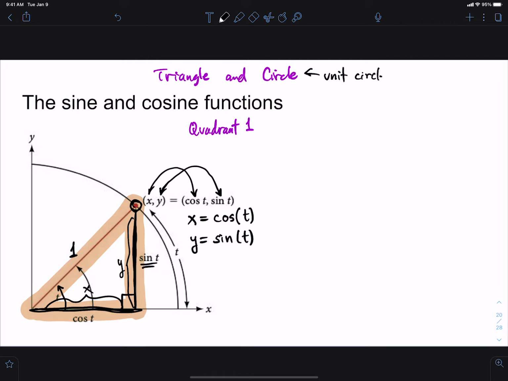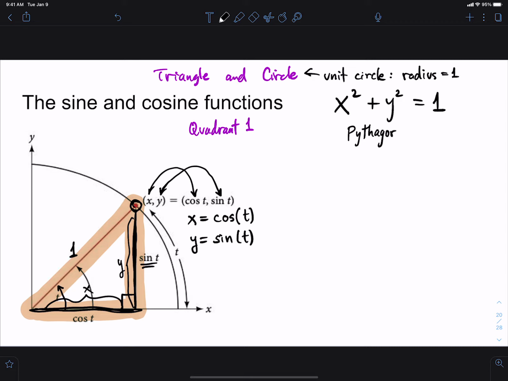What does that mean? That means that the radius is 1, and the center is the origin, so the equation is x squared plus y squared equals 1, and that's actually the equation of a circle and also the equation of a triangle because of Pythagoras.